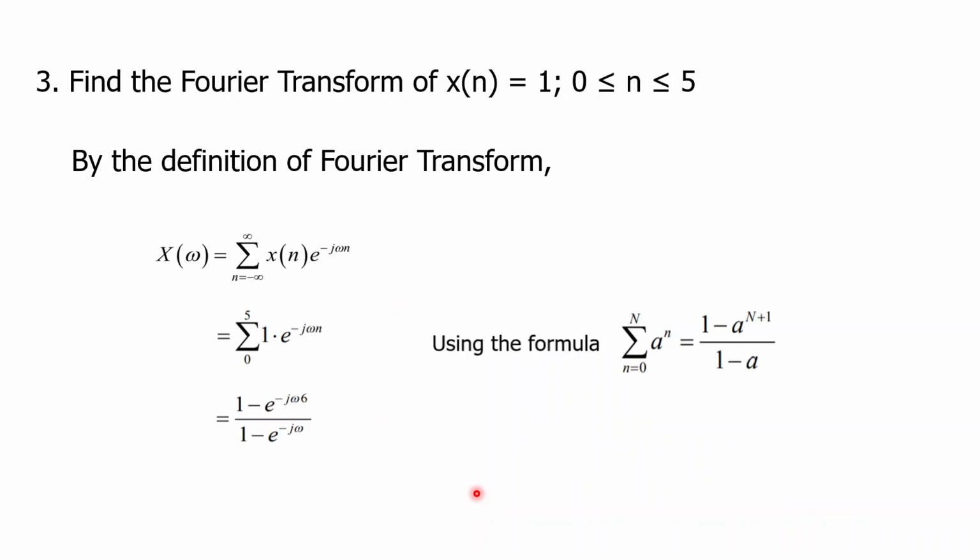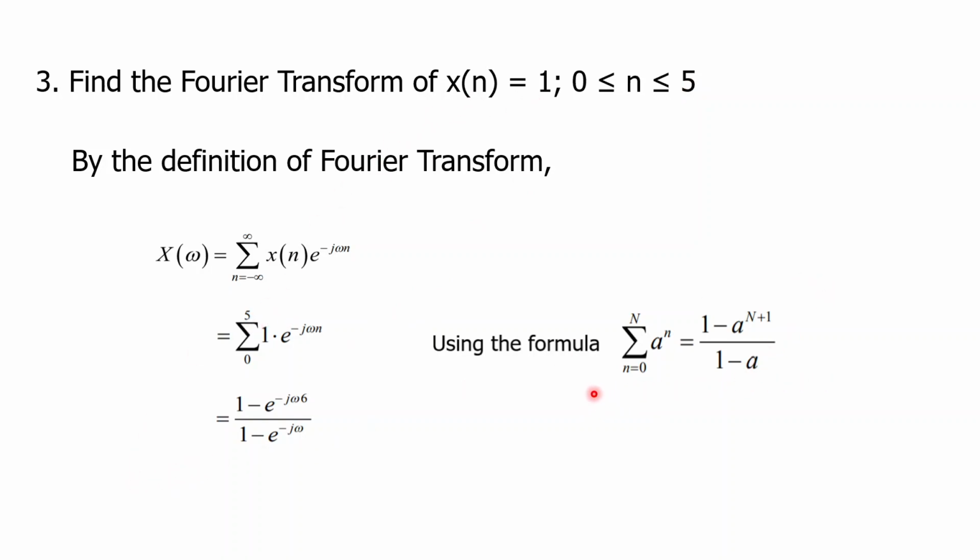So next, the sum for this finite sequence. What is the discrete time Fourier transform? In this summation we will have the formula for DTFT. In this summation we are going to substitute limits from 0 to 5. So amplitude is 1. For a finite sequence this is the formula.